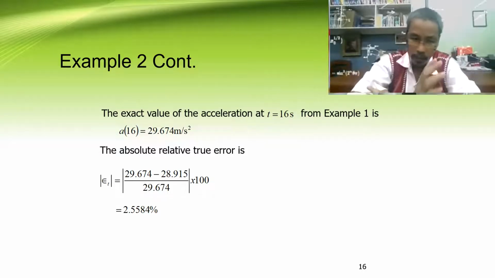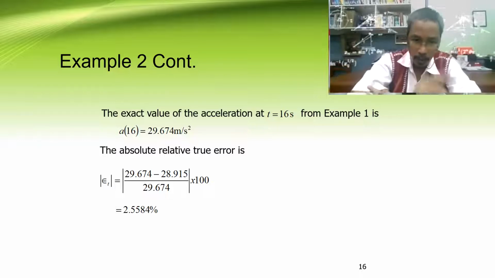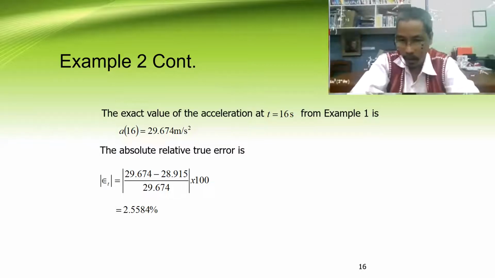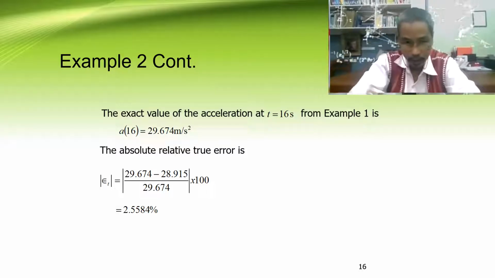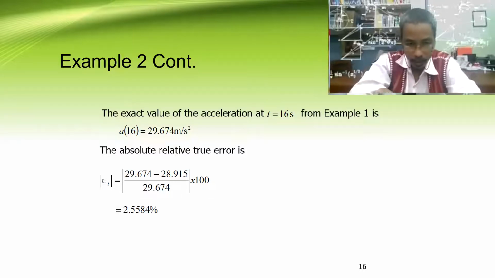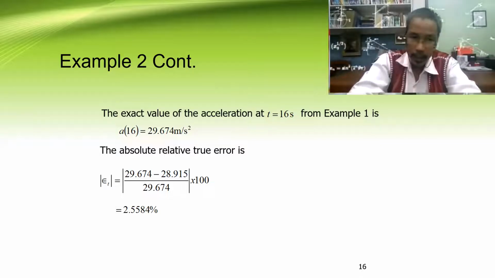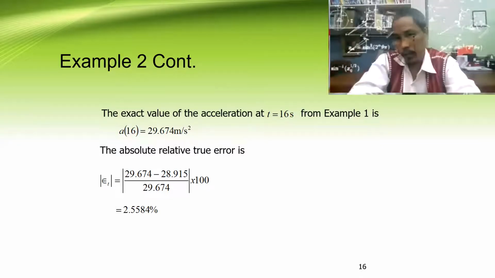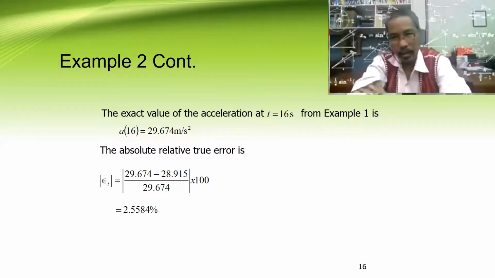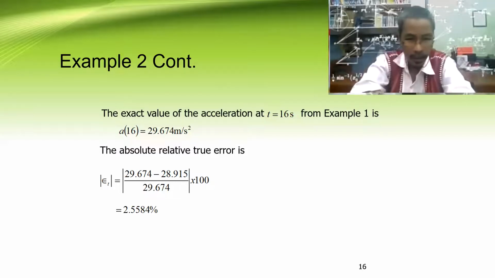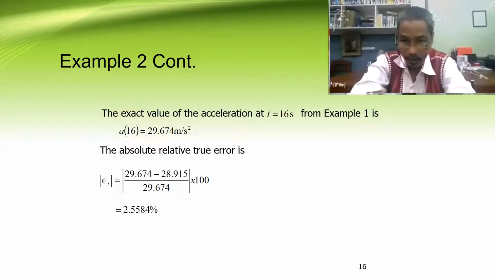So subtract this value from 29.674 and divide by 29.674, and you will get the value 2.5584 percent as our absolute relative true error. This is less than 3%, and that is accepted.